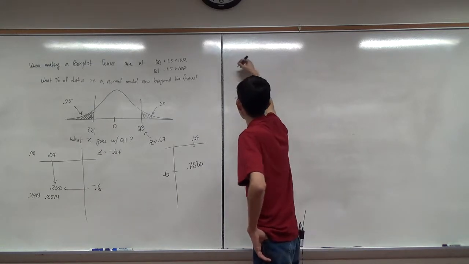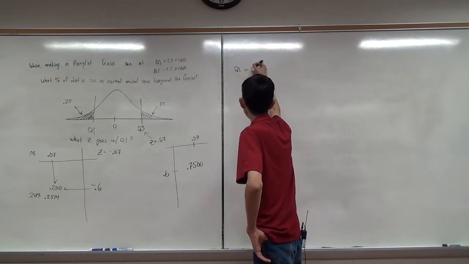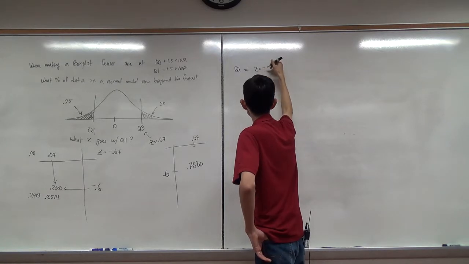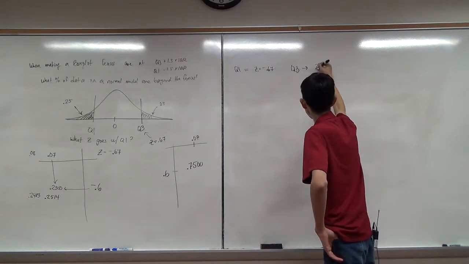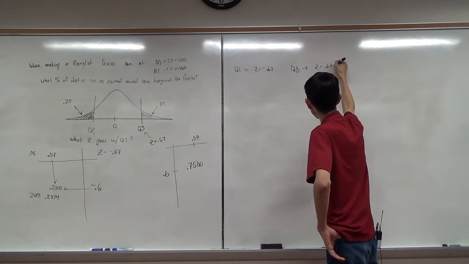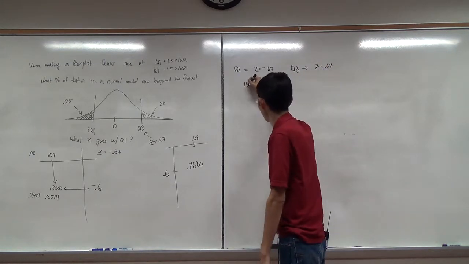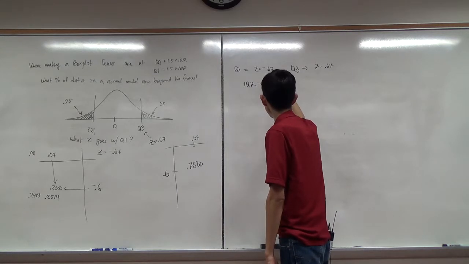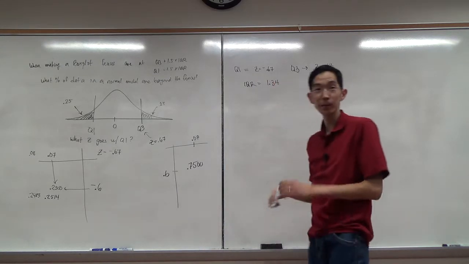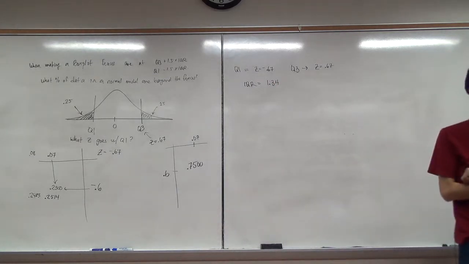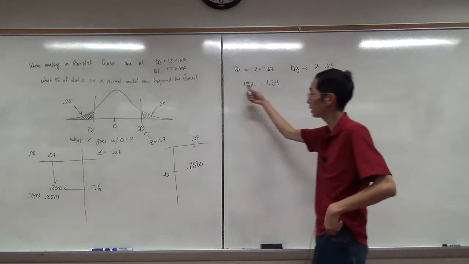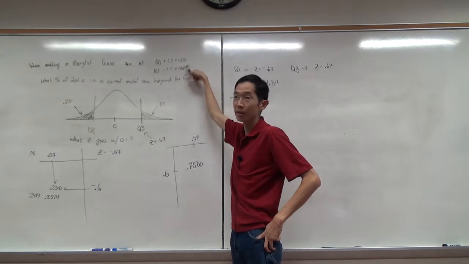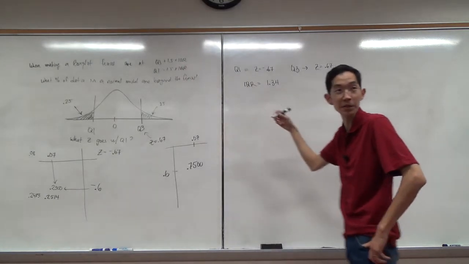So what we found is that Q1 is z equal to negative 0.67, and Q3 is z equals positive 0.67. So that tells me that the IQR is 1.34. And using this, I can find the z-scores that correspond to my upper and lower fences.